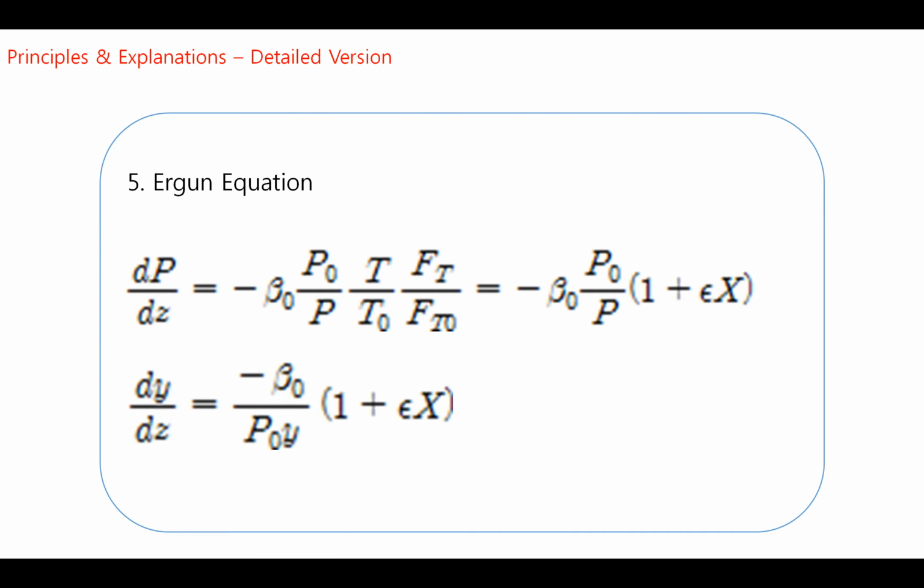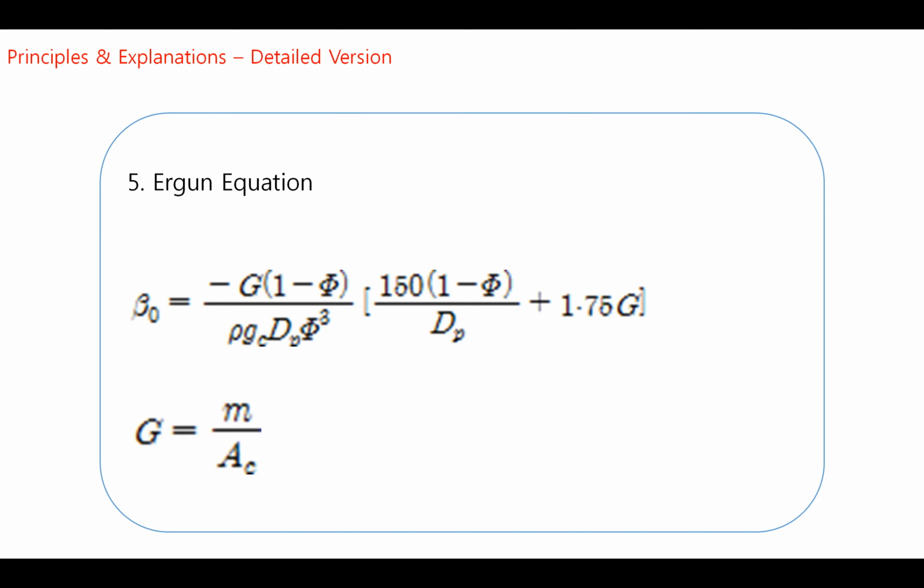And here, as we have learned in chapter 5, beta 0 can be expressed in this way. And again, here G is the ratio of mass flow rate over cross-sectional area. So now, what I want to do is to express G with many variables such as reactor area or reactor volume to relate G more directly to the pressure drop.